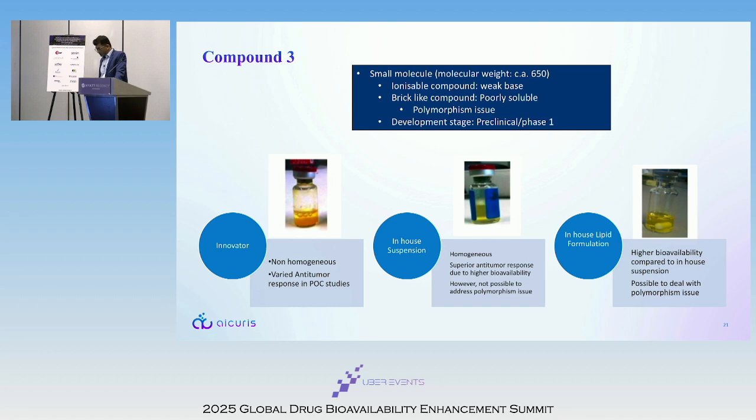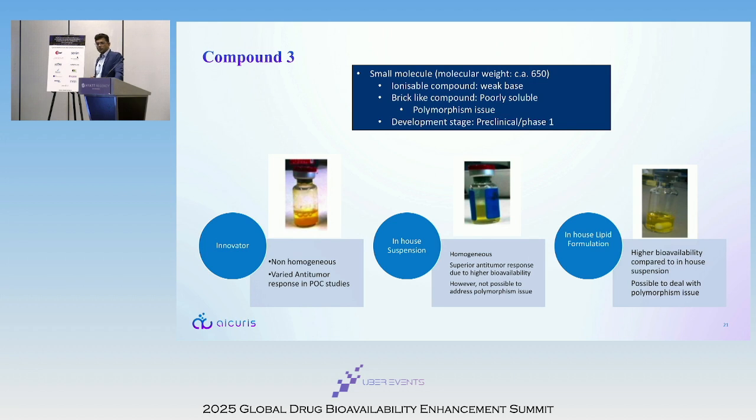This was another interesting case study. We in-licensed one compound as a TK inhibitor for oncology indications. As per my pharmacologist, this drug was a bomb, but with the given suspension formulation, when we ran some efficacy studies, we saw no activity.